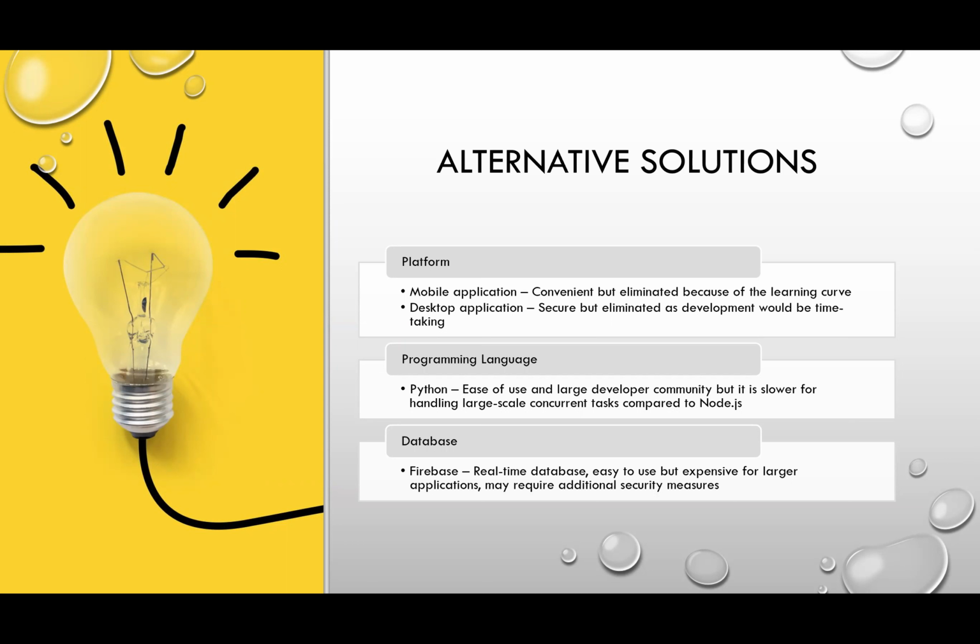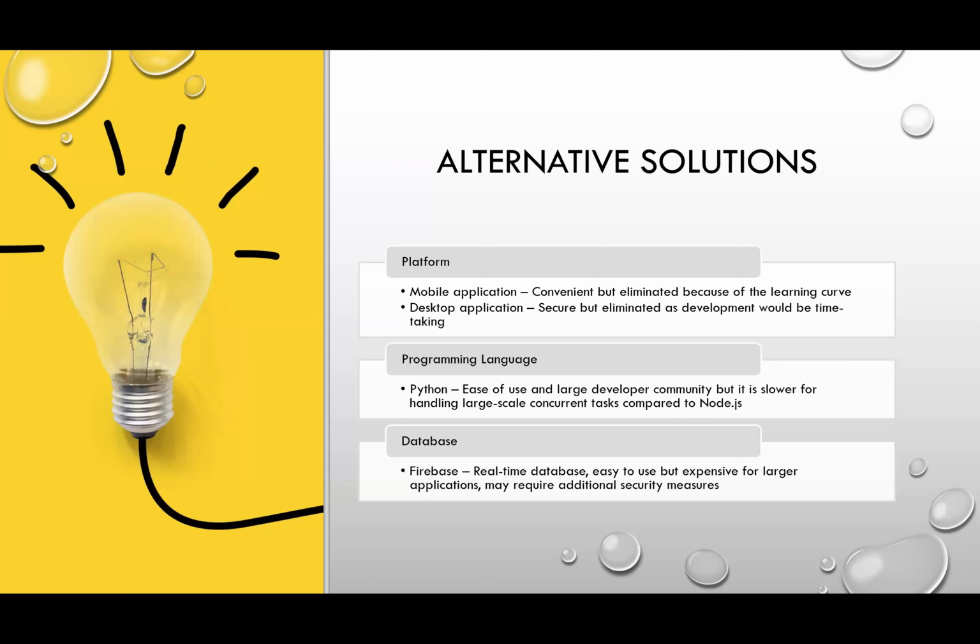If we use a mobile application platform, it is convenient, but it has a learning curve. I mean, it is very hard for them to use that application on a mobile. Coming to desktop application, it is secure, but development takes time. So in a desktop application, it takes pretty good time to develop the application.